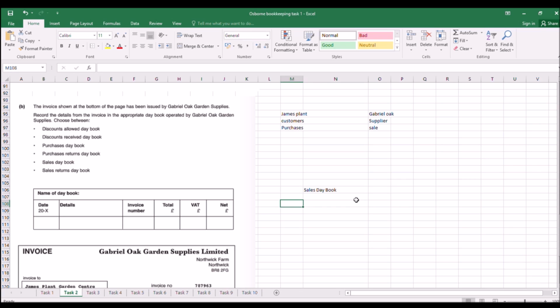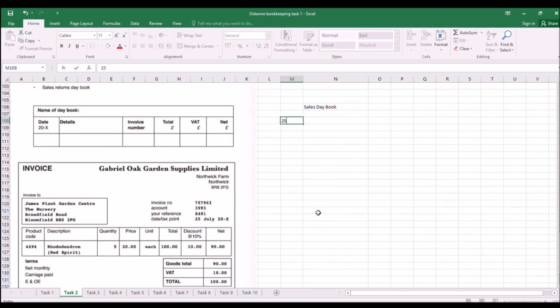So we've got a date in here, and that's going to be 25th of July, 20X. And then we've got some details, haven't we? The details are going to be the customer's name. So it's James Plant Garden Centre. And then we've got our invoice number, which was 787963.